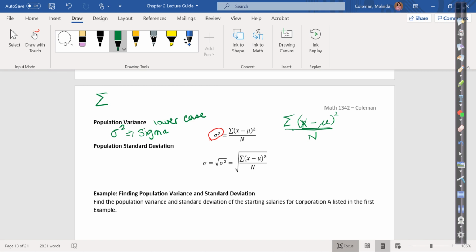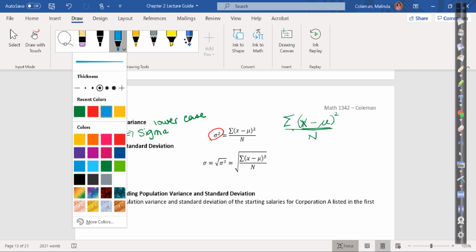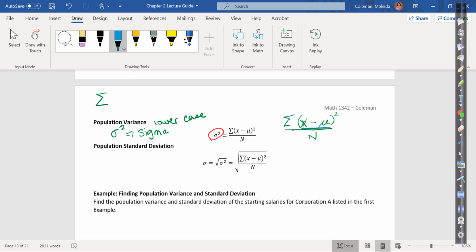So this process has a lot to it because you have to do this for every single data point. So for every x, you have to do x minus mu. Then we're going to get the population standard deviation, which says take the square root of this thing that you've just done. So when it asks you to find the population variance or population standard deviation, it's going to get quite complicated.